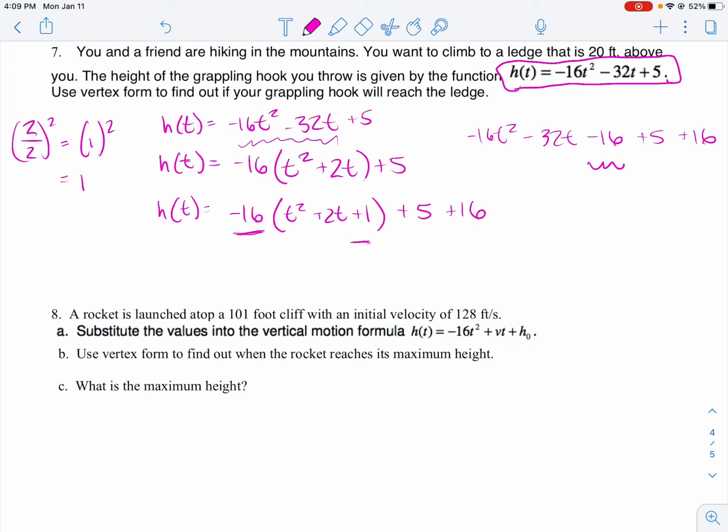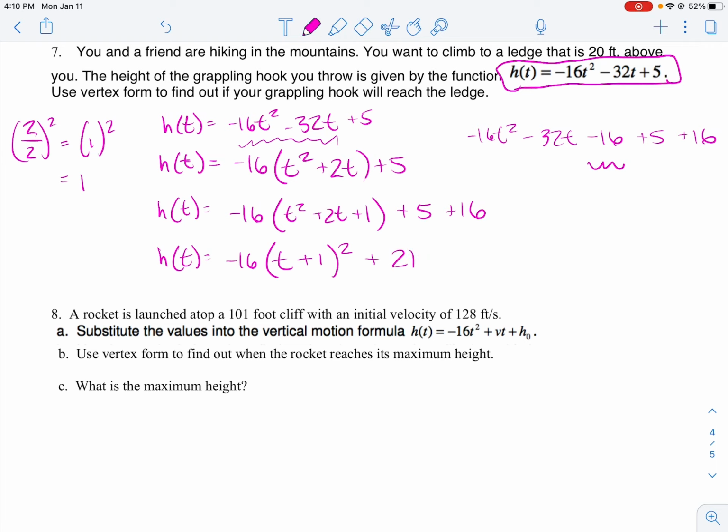I get that by multiplying this number and this number right there. And then finally, plus 21.